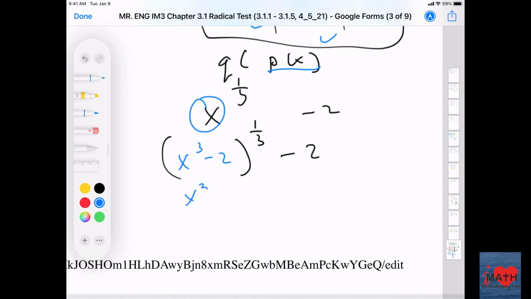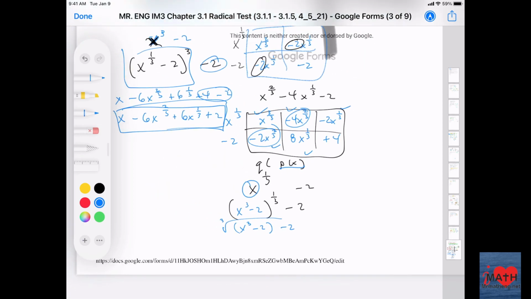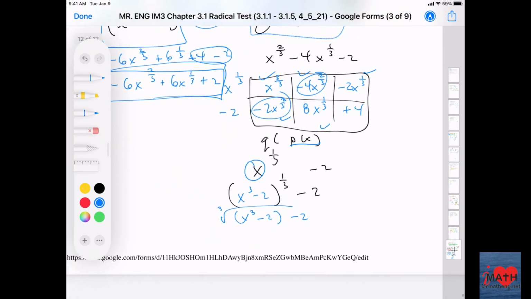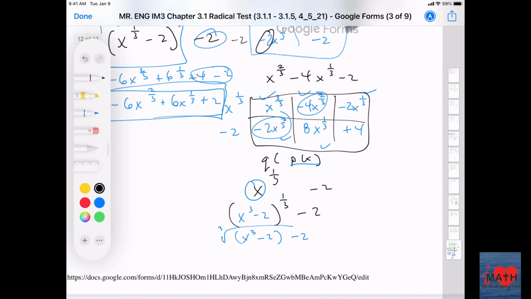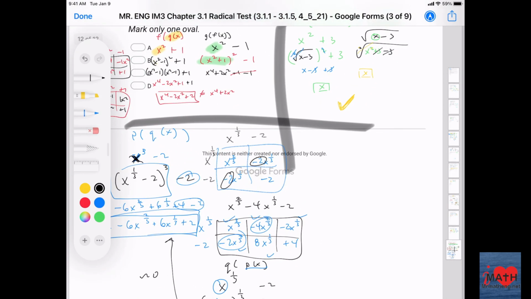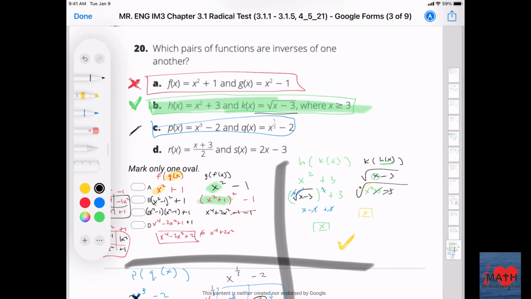That's the index. And then this is the root. Now that minus 2 is on the outside. So those you cannot simplify. So question, does this one look like that one? The answer would be no. So not C.